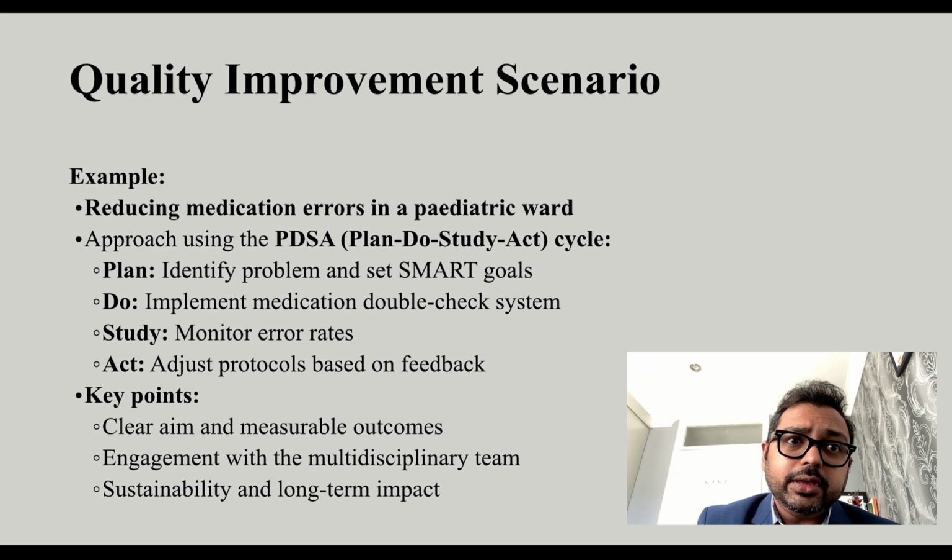This QIP scenario is very frequently asked. Try to be familiar with audit and QIP, so it will help you in the near future when you are working in the NHS. Every 6 months you should do an audit to show your capability and quality of work.